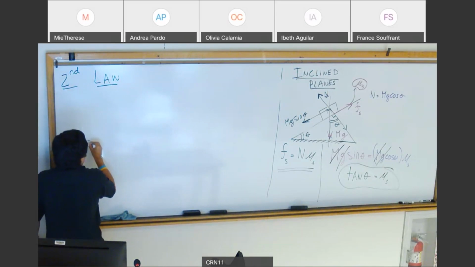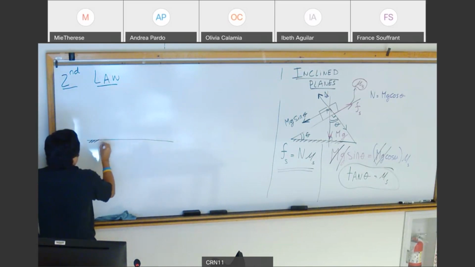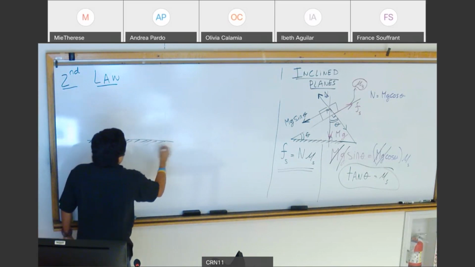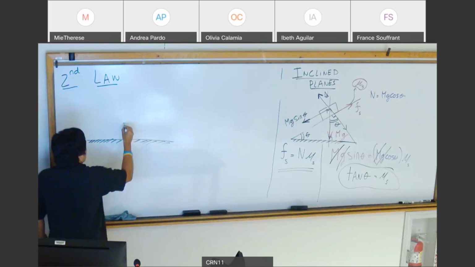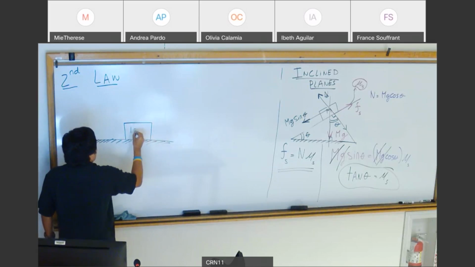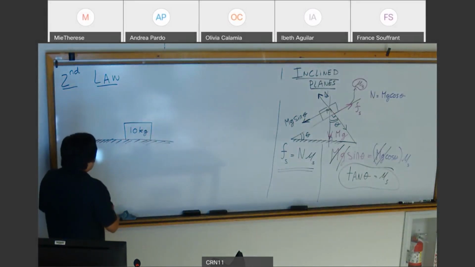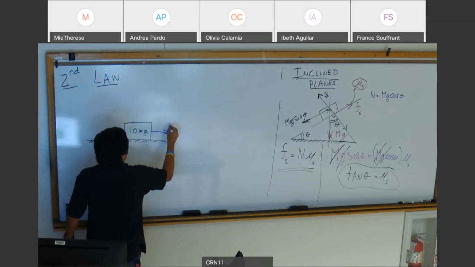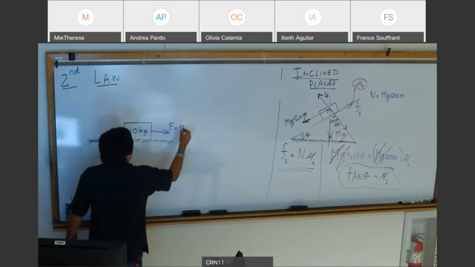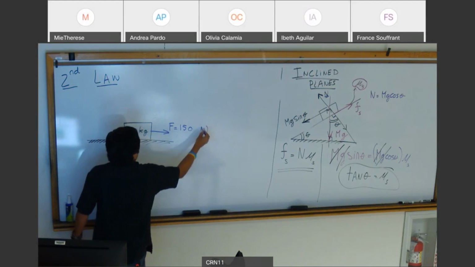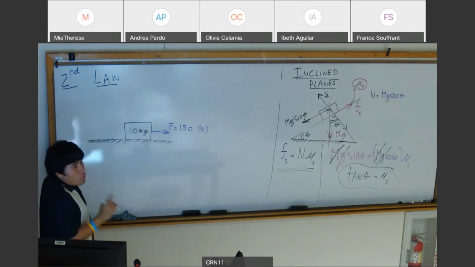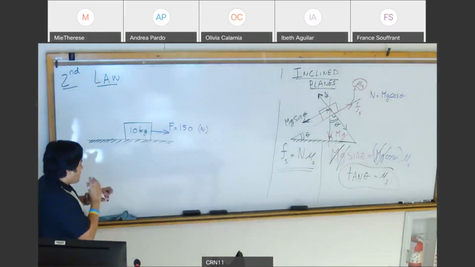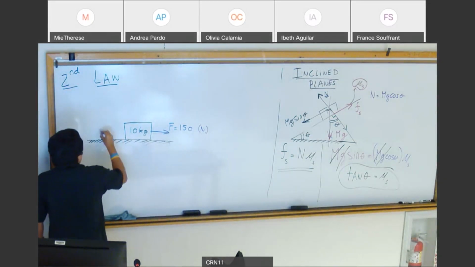So pretty much we're going to have a body on a horizontal table which is 10 kilograms of mass. The body is being pulled with a force of 150 newtons.